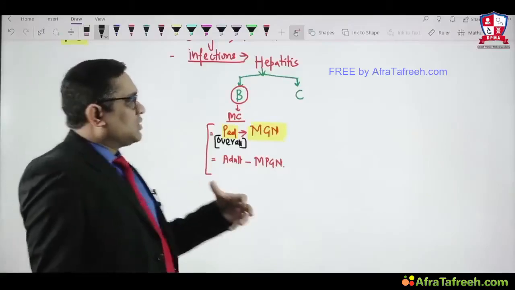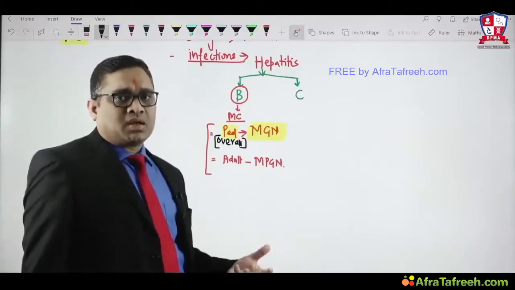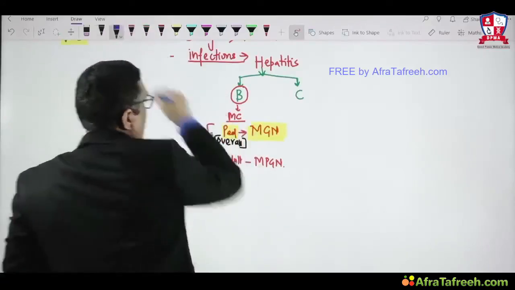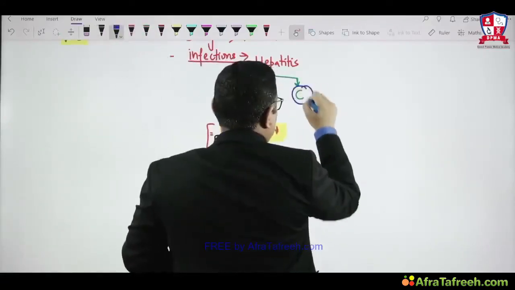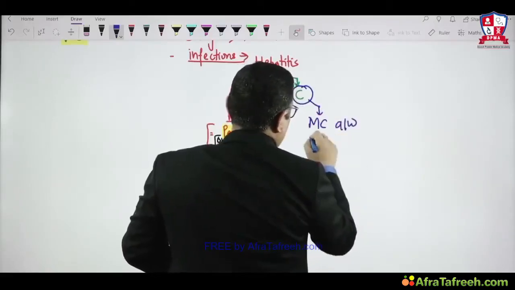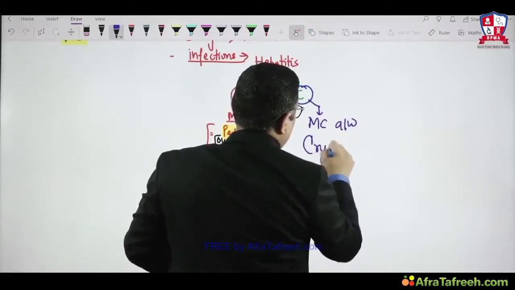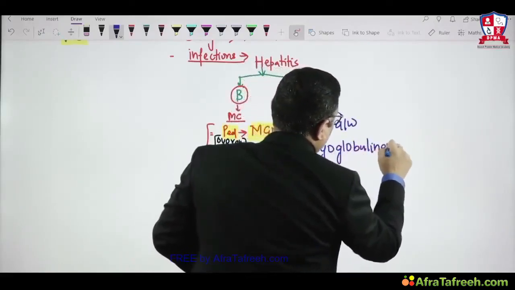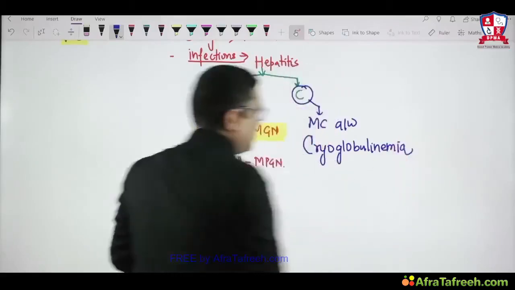What is the most common association with hepatitis C? This was a previous year All India question also. Remember, hepatitis C is most commonly associated with cryoglobulinemia.